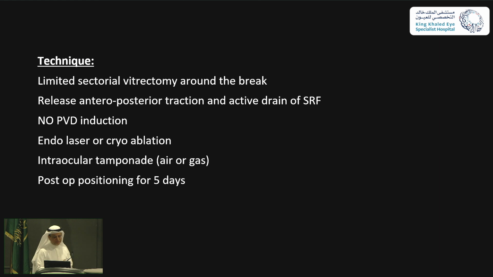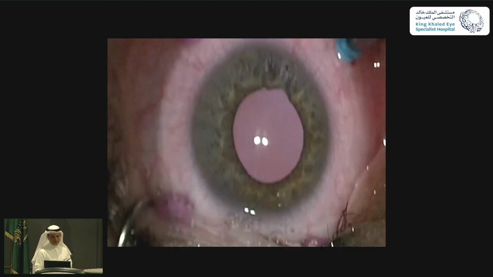The technique is a limited sectorial vitrectomy around the break only, releasing the traction that is causing the retinal detachment. There is no PVD induction, followed by endolaser or ablation, and then we put in the tamponade. In the article, the patient is positioned for only 5 days.